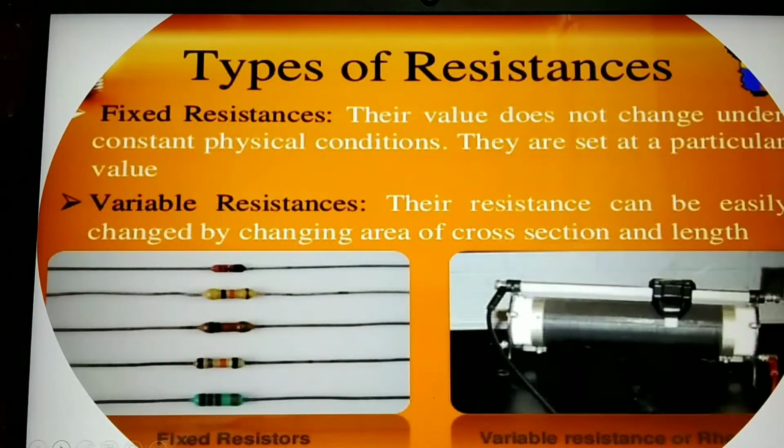Two types of resistances we can use in the circuits. One is fixed resistances, that is, their value does not change under constant physical conditions. They are set at a particular value, whereas another type of resistors are variable resistors. Their resistance can be easily changed by changing the area of cross-section and length.